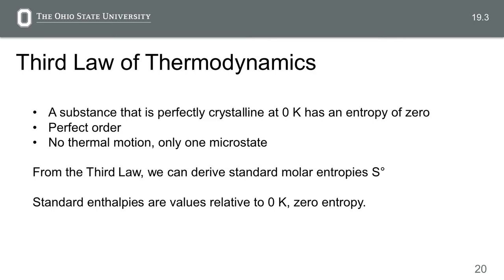Okay, so as briefly mentioned, the third law of thermodynamics, as we were looking at our phase change diagram. The third law says that a substance that is perfectly crystalline at 0 Kelvin has 0 entropy, or it has perfect order. There's no thermal motion, and there's only 1 microstate. Now, what the third law really gives us is the standard molar entropies, S naught.